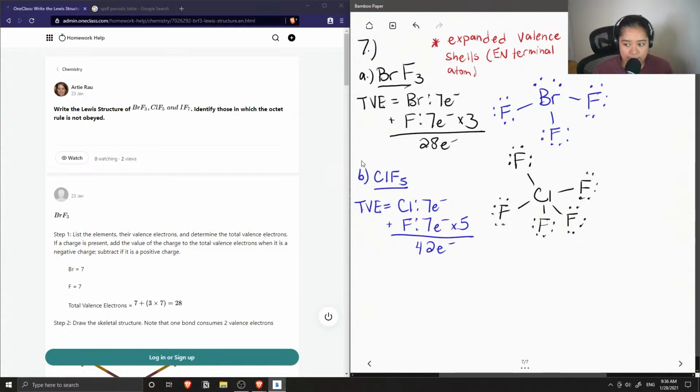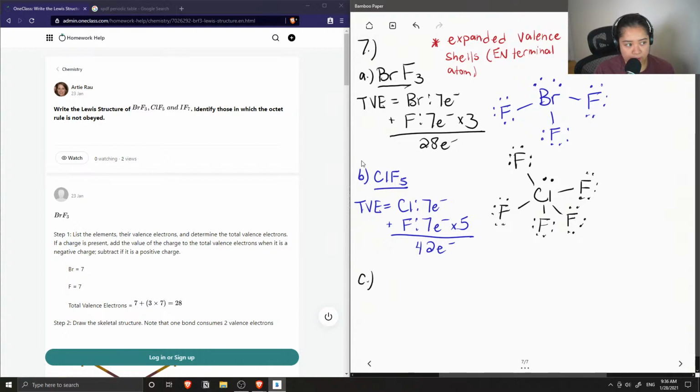So if I count out how many electrons I've drawn so far, I only have 40 out of the 42. So I'm just going to put an extra 2 electrons on the central chlorine atom. So now you can see that for this example, the chlorine also does not follow the octet rule. For the same reason, it's able to expand its valence shell.